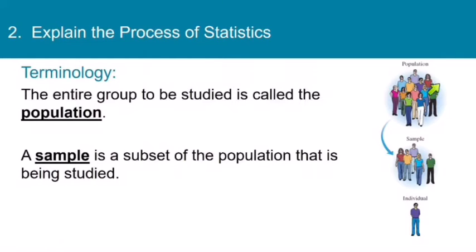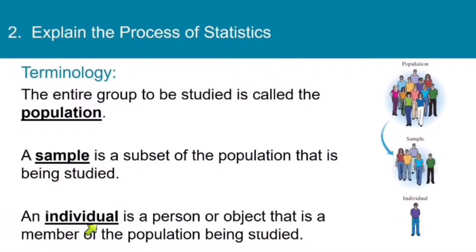So the population is everyone you're interested in, and a sample is a smaller group of people that come from the population. And then an individual is a person or object that is a member of the population being studied. So here we have a population. From that population comes the sample, and then an individual is just one person from the population.